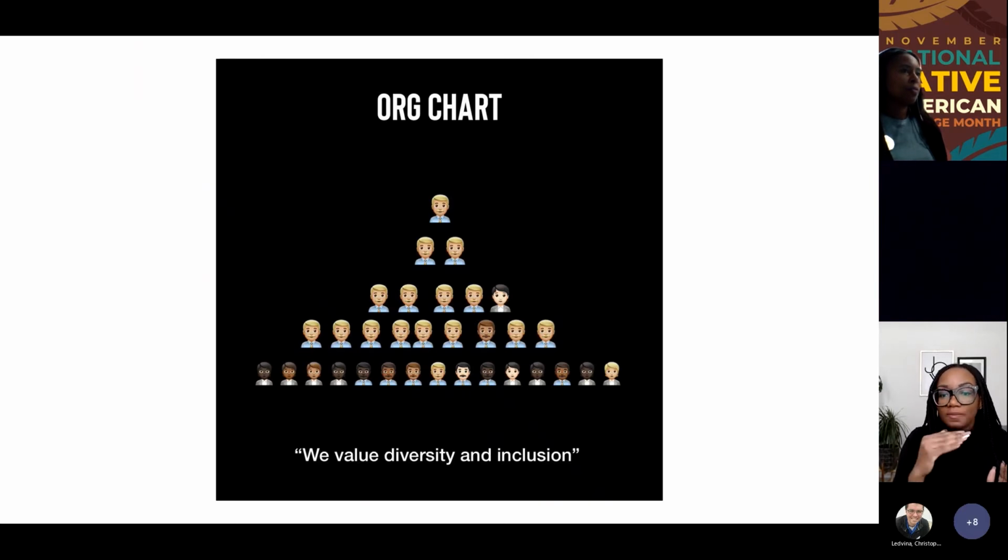And as you move up in the organization and you get into higher levels of leadership, then there's no diversity. There may be one woman or one person of color, and those are the organizations that say we value diversity and inclusion. But if this is the structure of your organization, that's not truly valuing diversity and inclusion because it's not active at all levels in your organization.